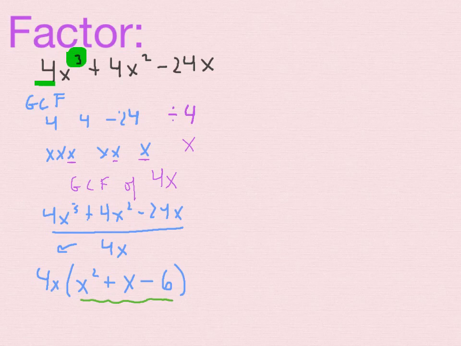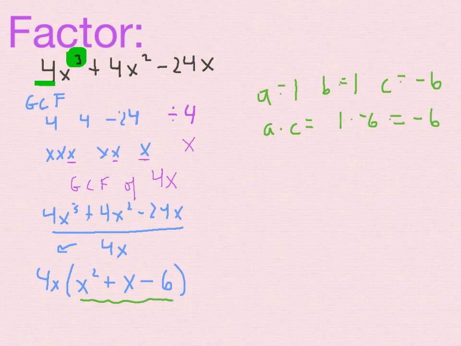So now going back to the idea of your a equals 1, b equals 1, and c equals negative 6, a times c is 1 times negative 6.